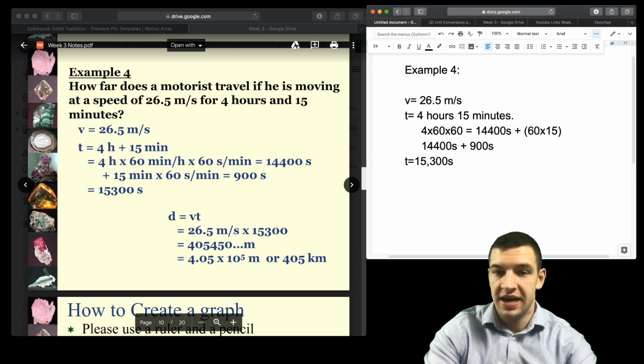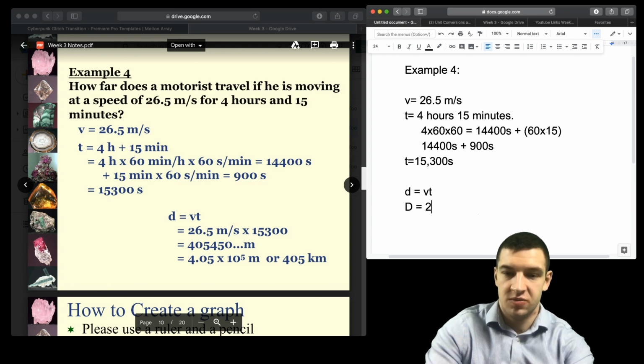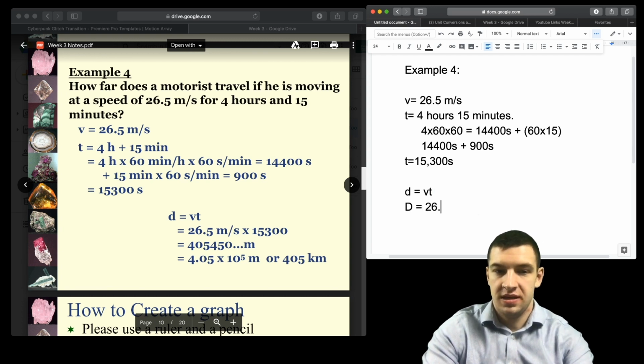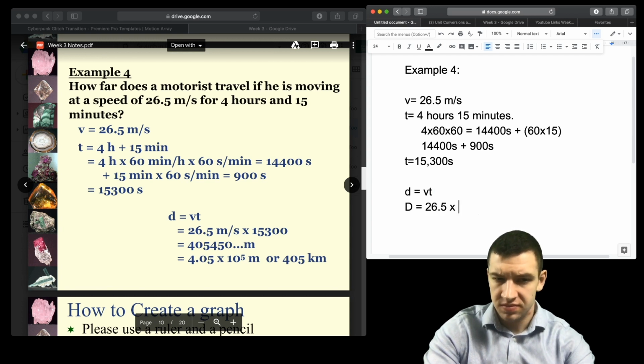Since we have time and we have velocity, distance equals v times t, okay? So distance equals velocity, which is 26.5, times 15,300.